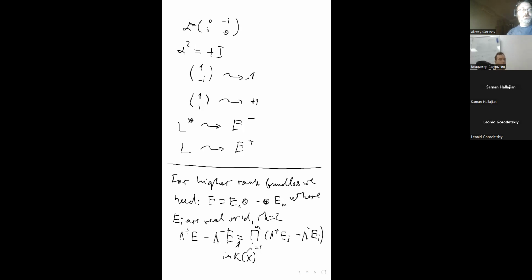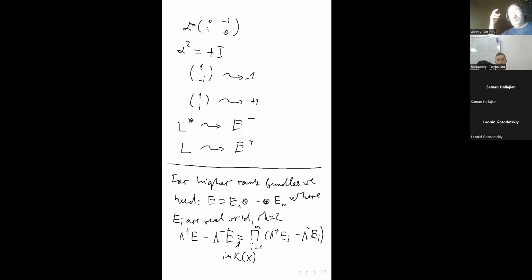Now, upstairs, after splitting, I can use this formula plus the fact that I know the Chern character of L and of L star. The Chern character of L is e to the x.